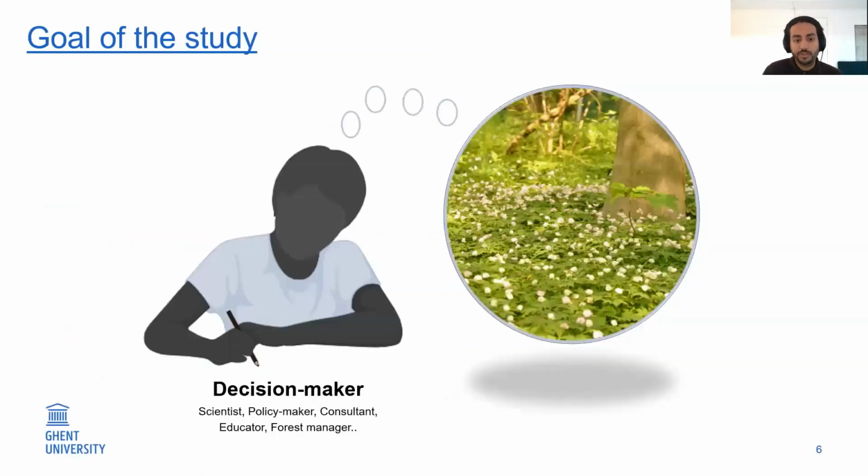And so the goal of our study was to ascertain whether decision makers, and especially these strategic decision makers that take long-term decisions, consider the forest understory while making decisions in light of environmental change and management plans.